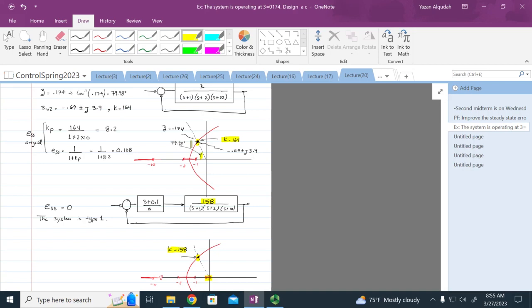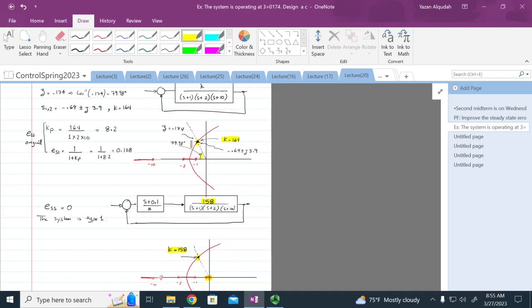Any ideas? Solve for... Yes, but I found the pole because I know the value of K. Any ideas how we can find this point?